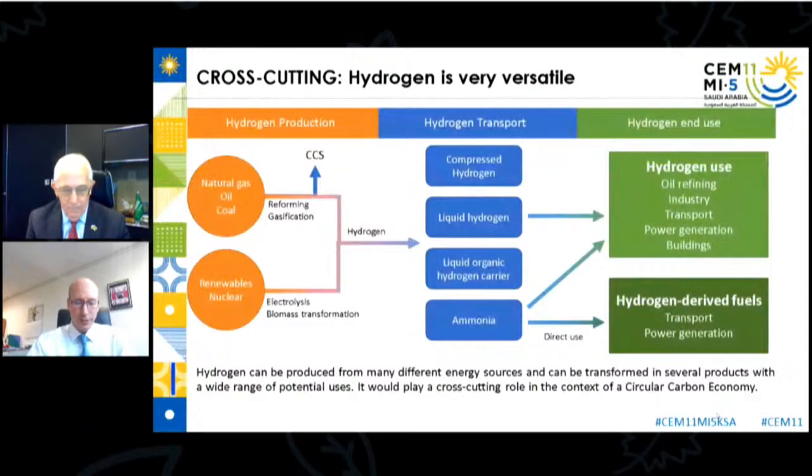It can be produced in a number of ways through a number of energy sources, blue hydrogen, green hydrogen, for example, and it's versatile in terms of its end uses, especially to decarbonize hard to abate sectors and for storage opportunities as well. We focused a lot on hydrogen for the last G20, the Japanese presidency. We put together our most comprehensive report on hydrogen, and we're only seeing more and more interest as countries put out their strategic plans. Last slide, please.